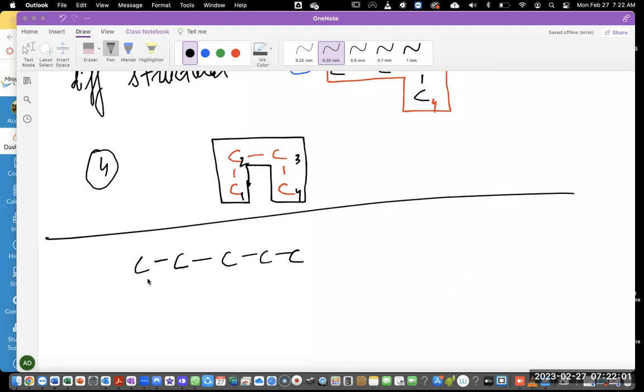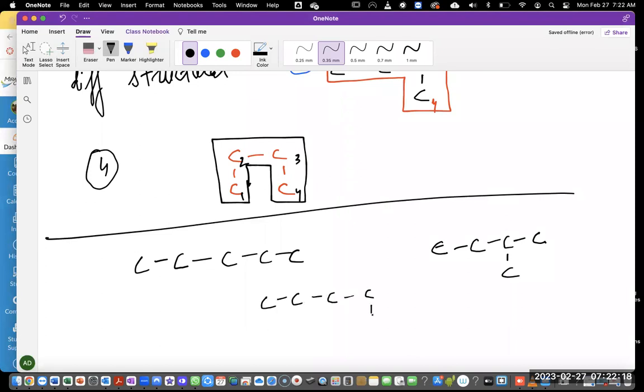So if instead of drawing 5 carbons, I draw 4 carbons in the main chain and somewhere else I put a carbon, not here, because that will be the same thing as drawing 5 carbons in the parent chain. If I just do this, guys, is that an isomer? No, it's not. Your longest chain is still 5 carbons. So this is not an isomer. So let me remove this. So for molecule number 1 and 2, these two are isomers of each other.